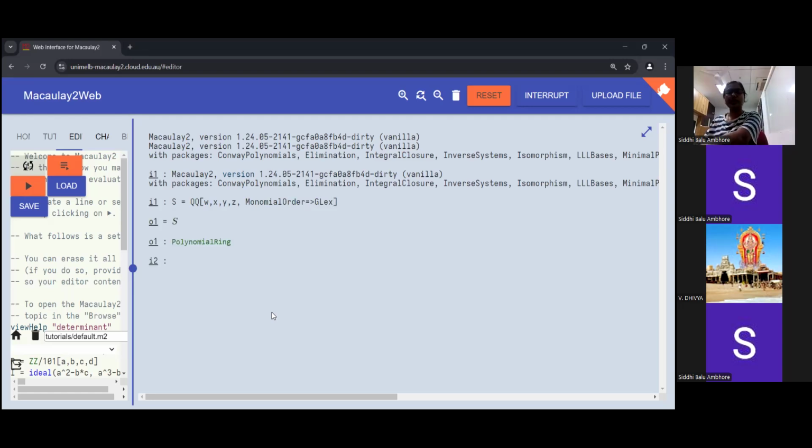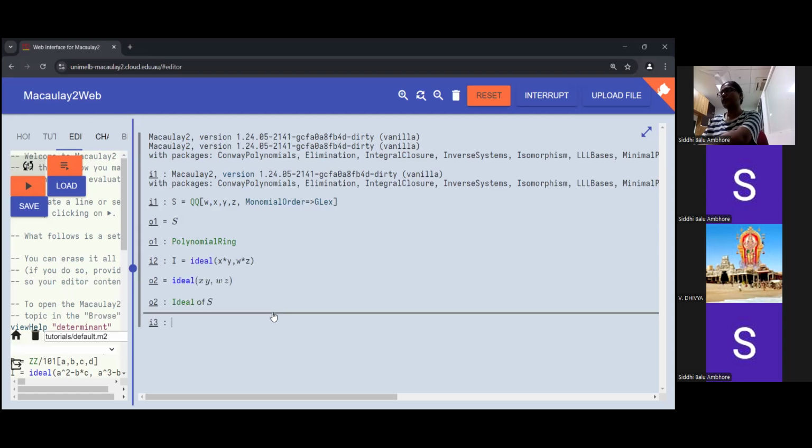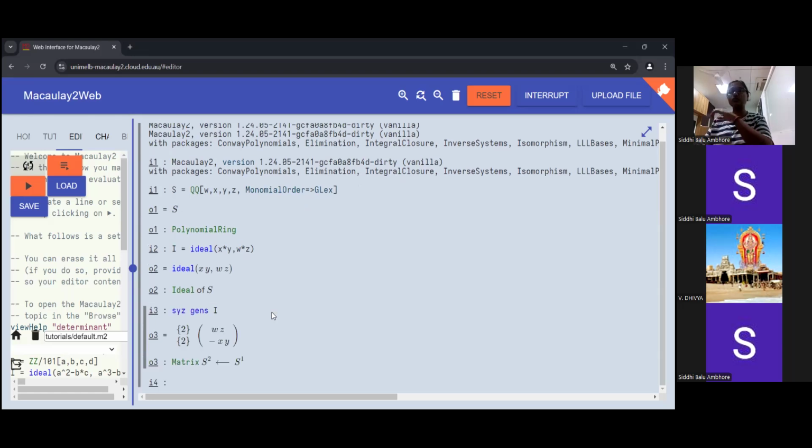So this is my S, and I define this ideal I as X*Y, comma W*Z. To find CGGs, we just give the command CGG of generators of I. This is what we got: WZ minus XY.